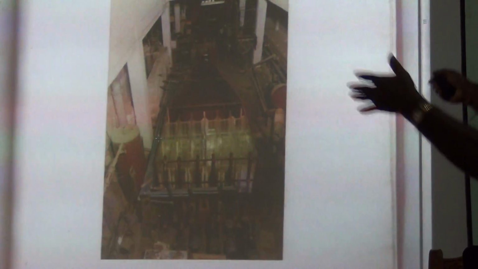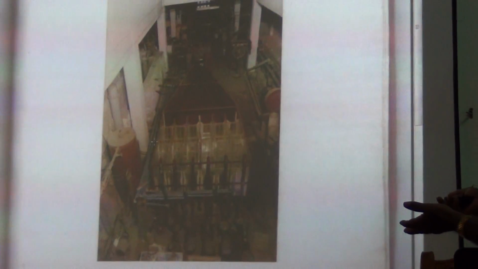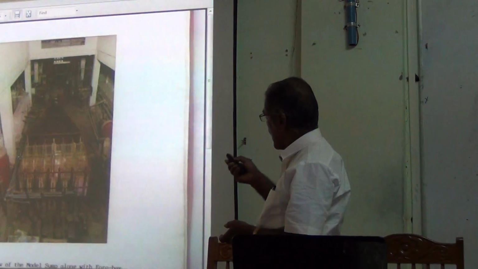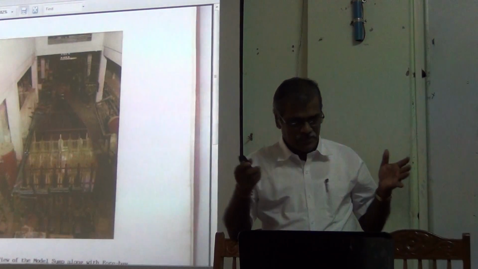Then you have the pump inside, which sucks in and then distributes. Now this is a model made of perspex. According to fluid similarity, you have to maintain Froude similarity based on this.